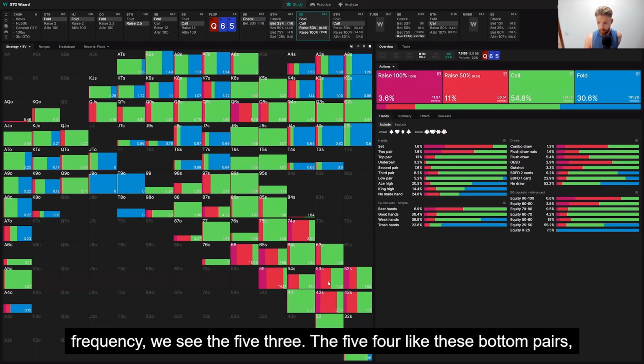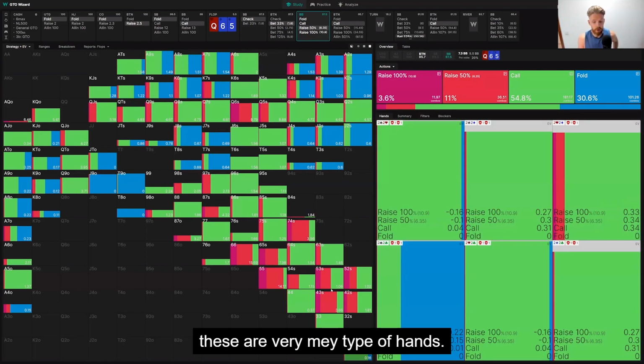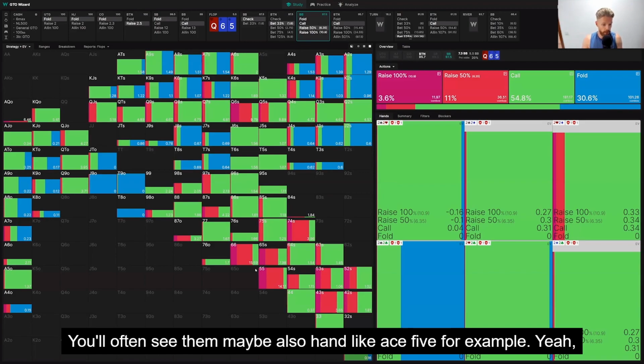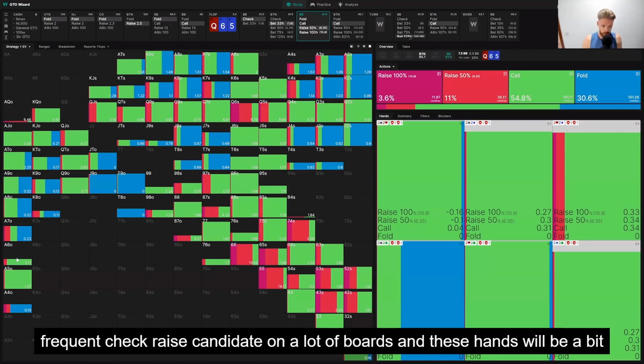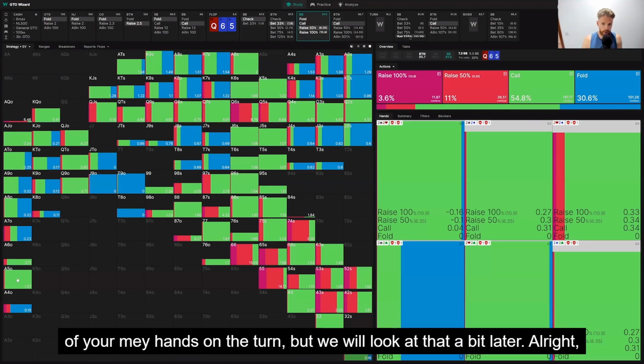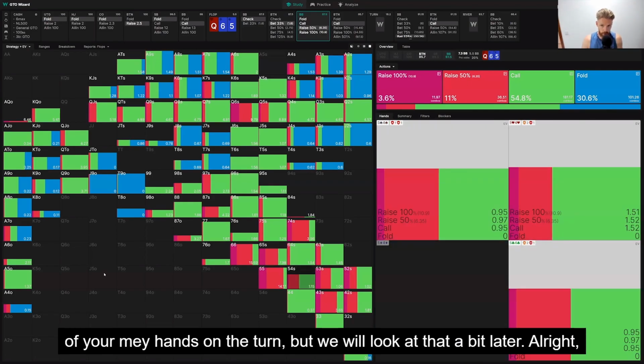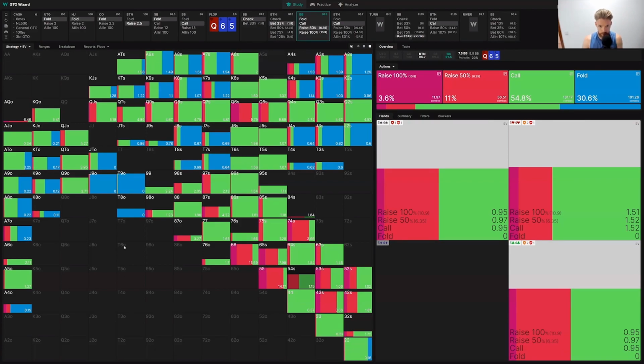We see the 5-3, the 5-4, like these bottom pairs. These are very mergy type of hands. You will often see them, maybe also a hand like ace 5, for example. Yeah, I can see that in there. Ace 6. You'll see middle pair with top kicker actually is also quite a frequent check raise candidate on a lot of boards. And these hands will be a bit of your mergy hands on the turn, but we will look at that a bit later.